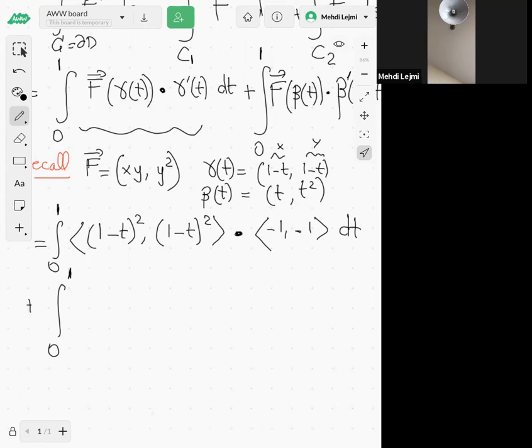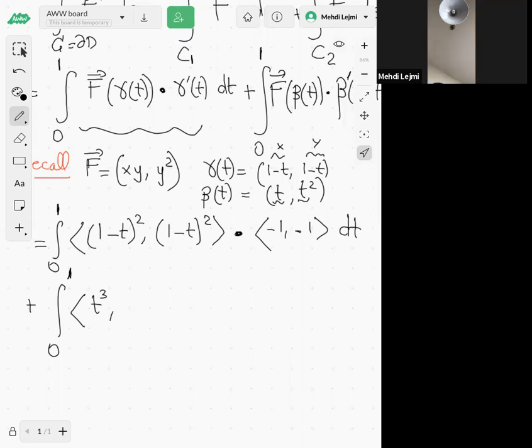now the vector field F along beta. So along beta, x is equal to t and y is equal to t squared. So if you do x times y, that will be t times t squared, that's t cubed.